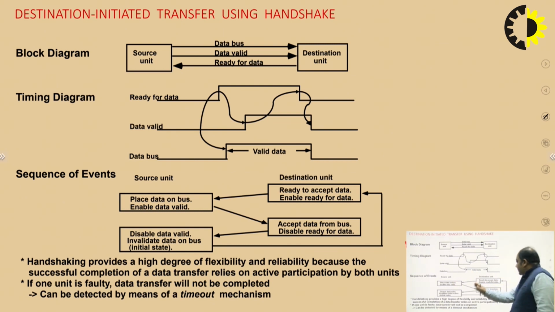Then in the same way the destination disables ready for data, and it forms the initial state, and then this cycle goes on. Handshaking provides a high degree of flexibility and reliability because you get the acknowledgment that the data is valid and the destination unit is ready to accept the data and execute it. So the data which travels through handshaking is more reliable.